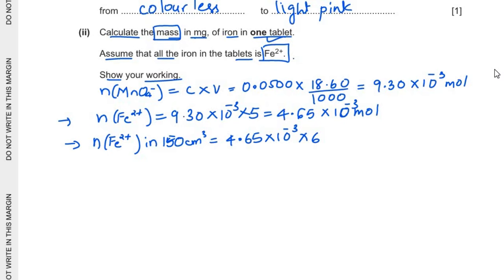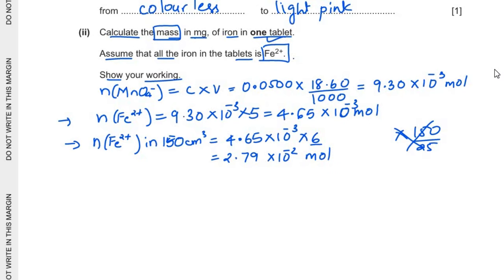You can cross multiply also, so you can even multiply by 150 divided by 25, that also can be done. In place of multiplying by 6, you can multiply by 150 divided by 25. But I have done it directly by multiplying by 6, and we get the value as 2.79 × 10^-2 moles. So these are the total moles of Fe2+ in the total solution which we have made.